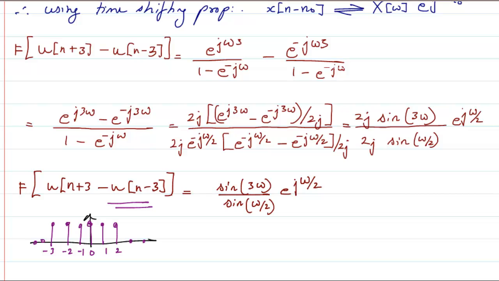And what is this signal? This signal is basically a gate signal, a rectangular or a pulse signal. Am I correct? So this is the Fourier transform of a pulse signal. You will get something like this every time you do it for a case of a rectangular pulse.